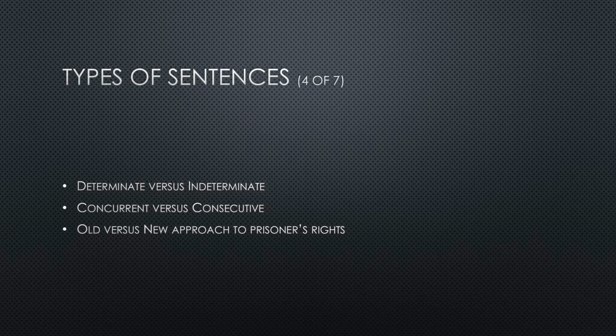If the judge allowed the sentences to be served concurrently, each day that the incarcerated person was serving would count 1 for victim A, 1 for victim B, and 1 for victim C. So the maximum amount of time would be 5 years if they were concurrent, even though technically they were 5 years times 3. If they were stacked or they were consecutive, it would be a total of 15 years.